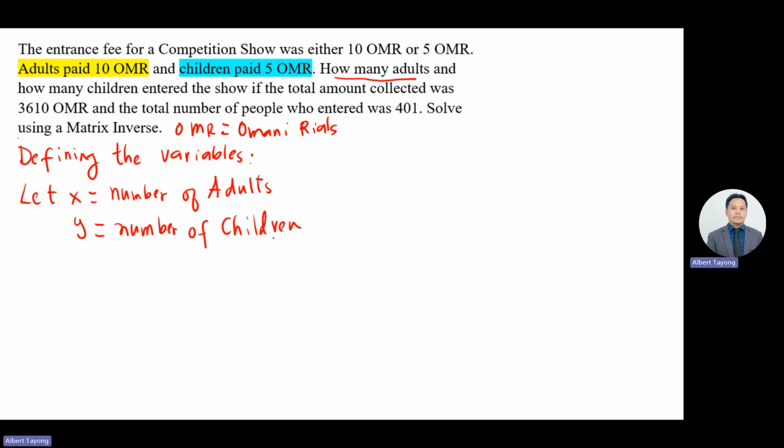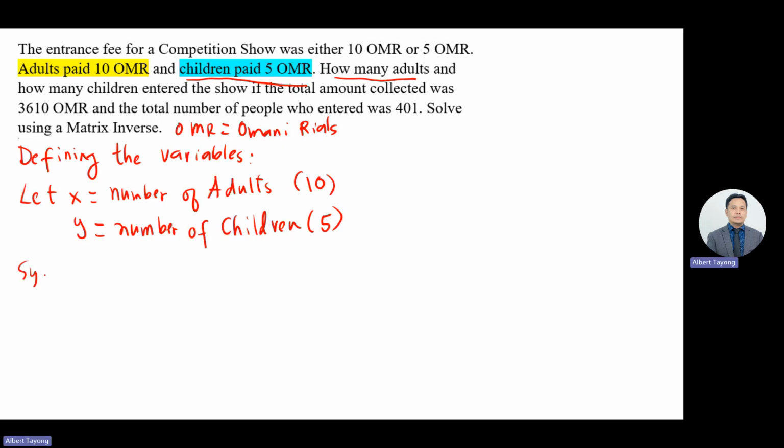So adults are people, children are people. Now adults paid 10 Rials, so this will be 10 here, and children paid 5 Omani Rials. Okay, so this is the first step, defining the variables.